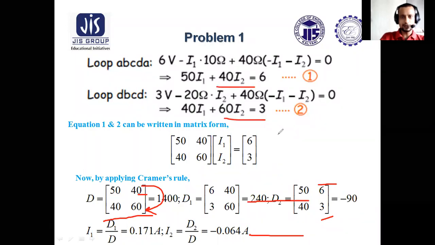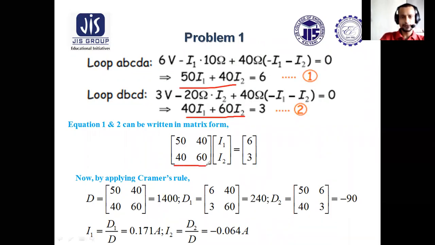As per Cramer's rule, the equations should be written in matrix form. So I1, I2 is there. The coefficient of I1 is 50, the coefficient of I2 is 40. The coefficient of I1 in the second equation is 40 and I2 is 60. So the left hand side of the two equations is written in matrix form here.